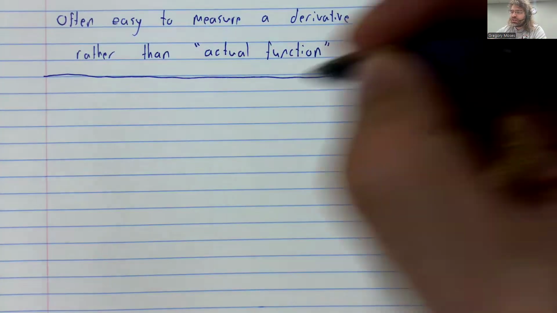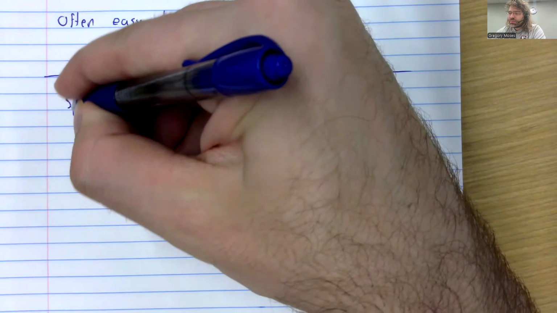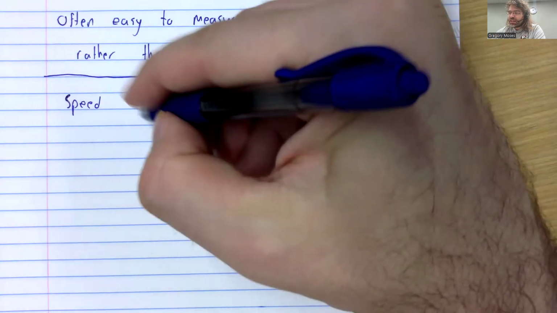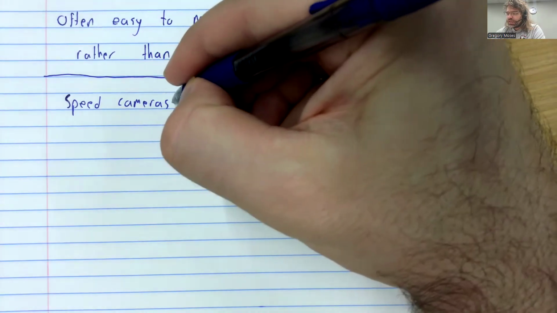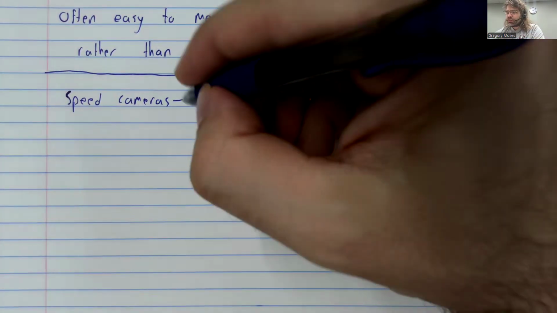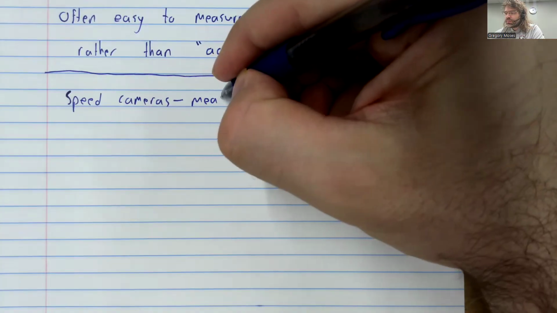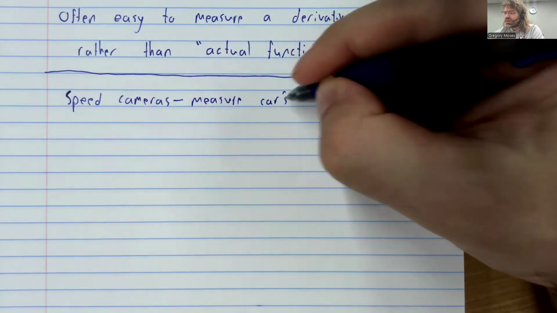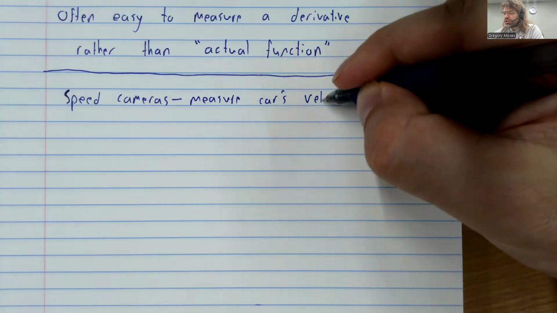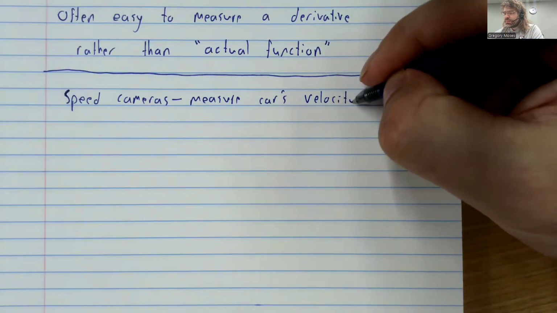You've got speed cameras, and those speed cameras measure a car's velocity.